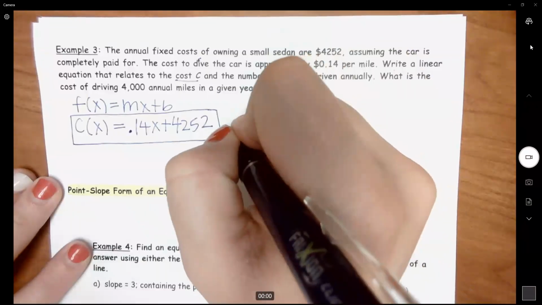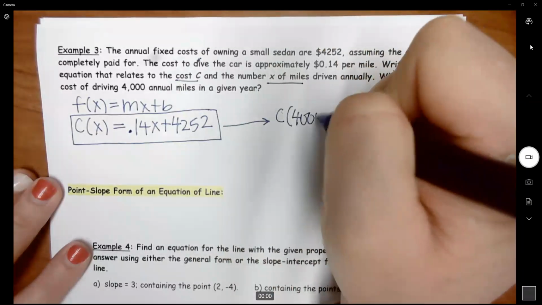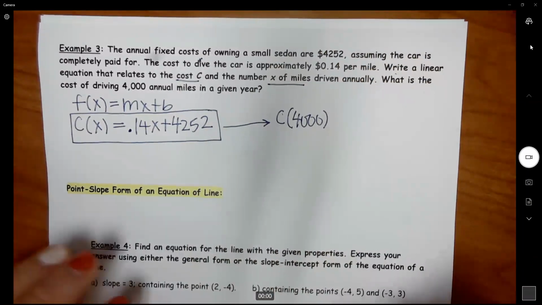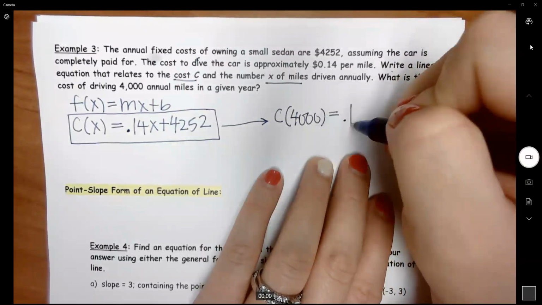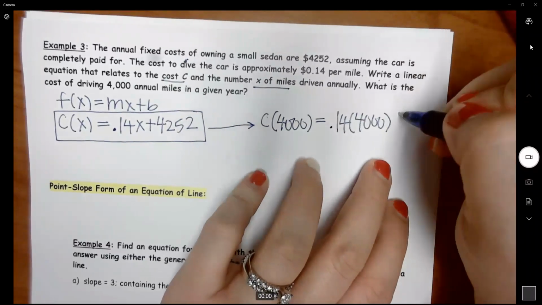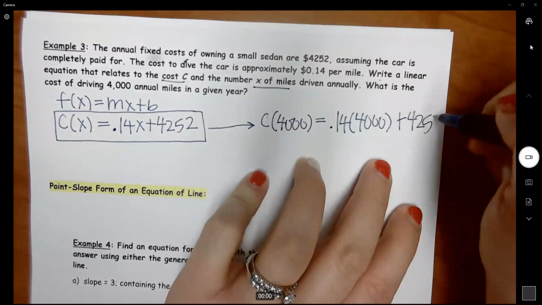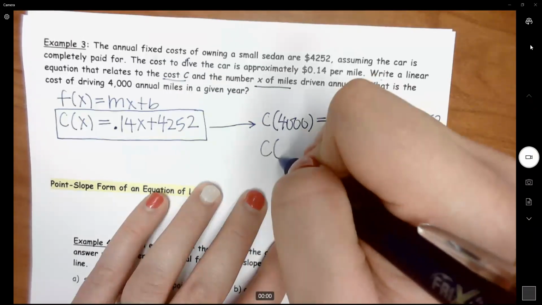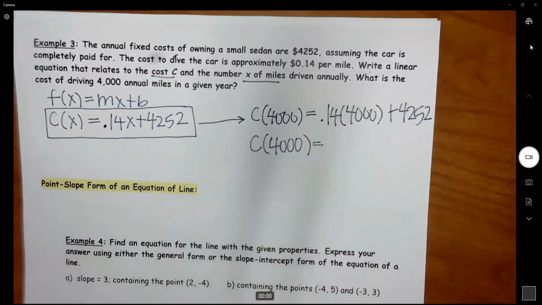So then the next part, what is the cost of driving 4,000 miles? We're going to take the equation we just made, and now I want to know what happens when x is 4,000. Okay, so we'll use our calculator.